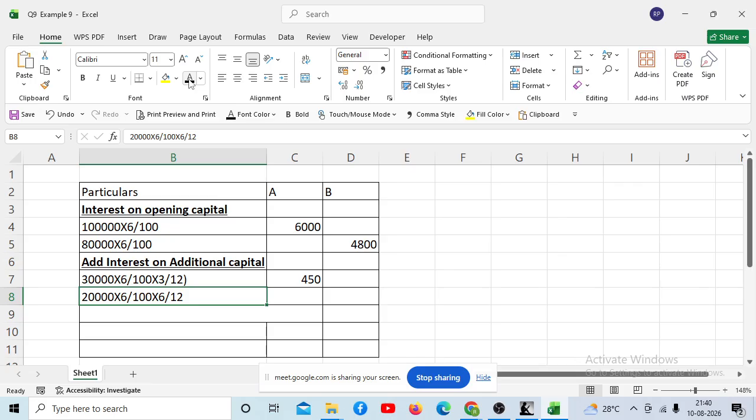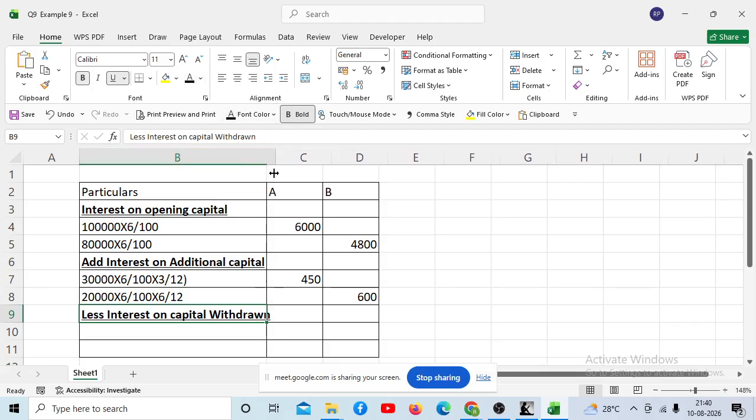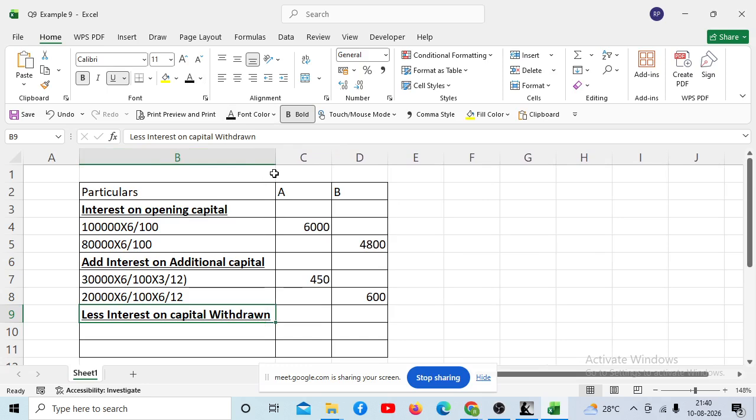What will be the answer? 600. Okay. Now from this we will subtract less interest on capital withdrawn. Whatever capital is withdrawn, that interest we will subtract.